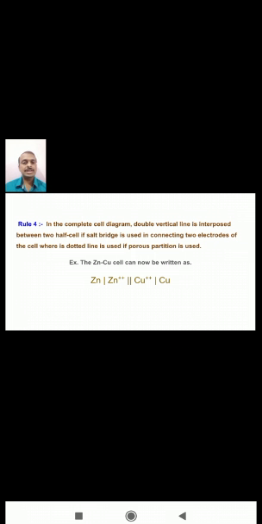Now see, this is the example where, while writing the complete cell diagram, the double vertical lines are inserted between the two metal electrodes, indicating that a salt bridge is used in connecting the two half cells. This double vertical line indicates that the two half cells are connected by a salt bridge. Rule number 5.